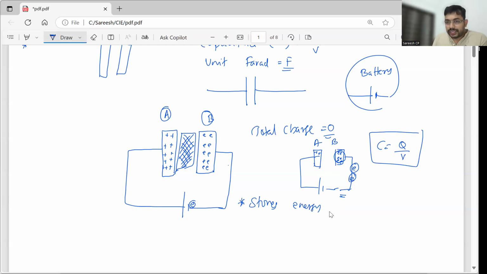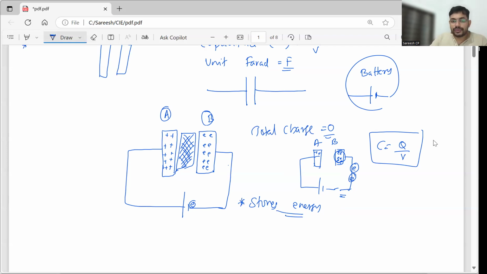Another valid point is that the total charge of a capacitor will always be equal to zero. So a capacitor stores energy because work is done in separating charges.